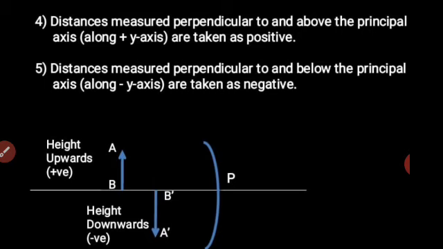Now, if the image of that pencil which we had kept on the principal axis is formed at A dash B dash and say the image height is 8 centimeters, then we shall write the height of the image is equal to minus 8 centimeter.